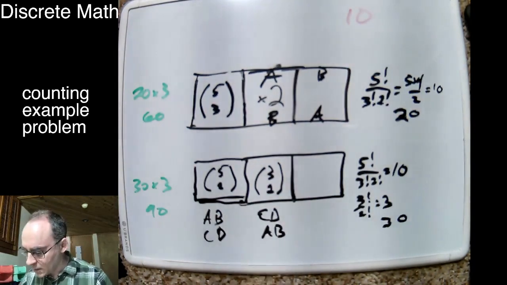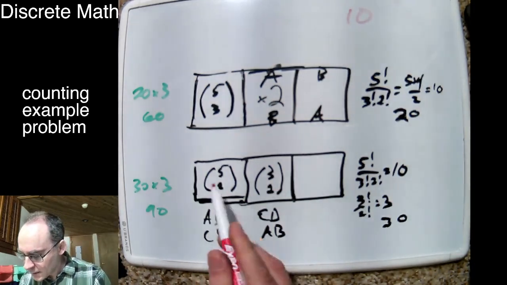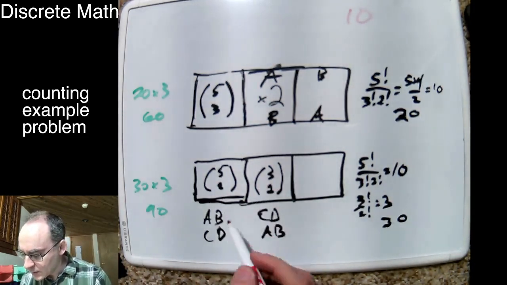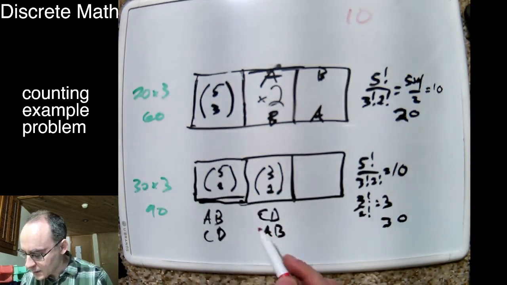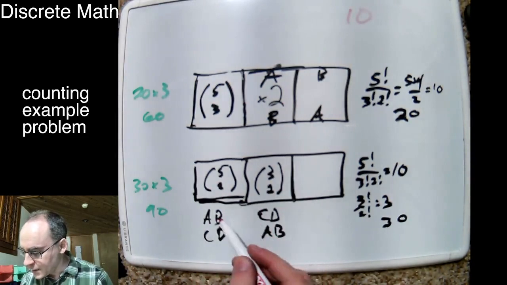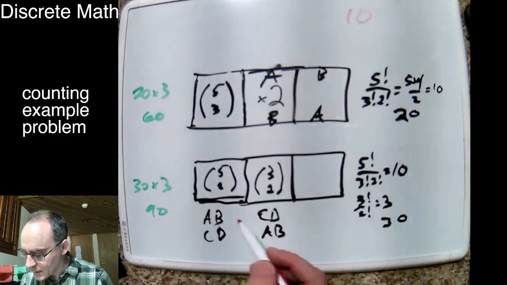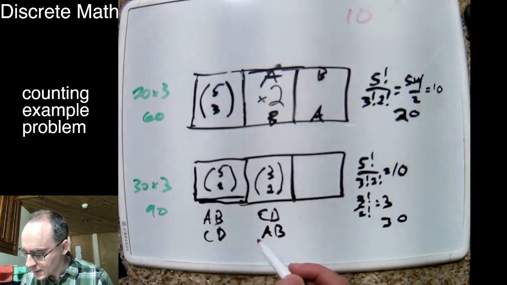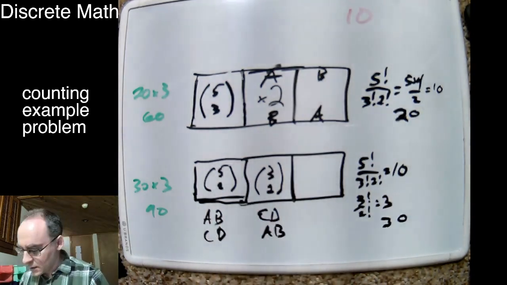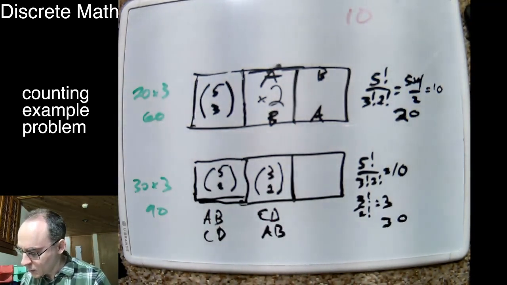And here, we're going to have a similar issue. Here I've already sort of written it out. This counts all the possibilities where these are distinct possibilities. But if the boxes are unlabeled, then I do not care whether this one has AB and this one has CD, or this one has CD and this one has AB. So I've got to think about that and say, okay, it's not going to be 30.